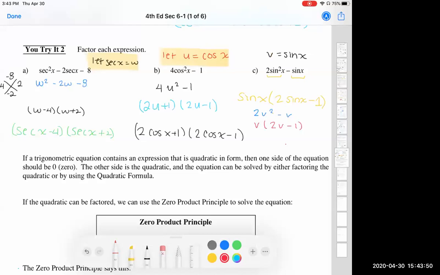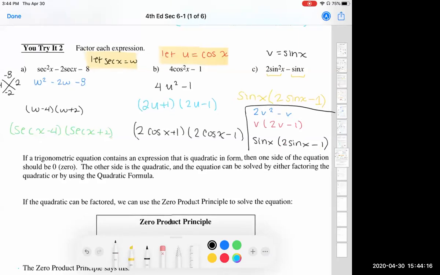We said that b was sine, so we're left with sine of x times 2 sine of x minus 1. So you can always do a substitution. It takes practice before you get comfortable with not having to do a substitution, but that just comes with practice. You don't ever have to skip using a substitution. I highly encourage you to do a substitution.